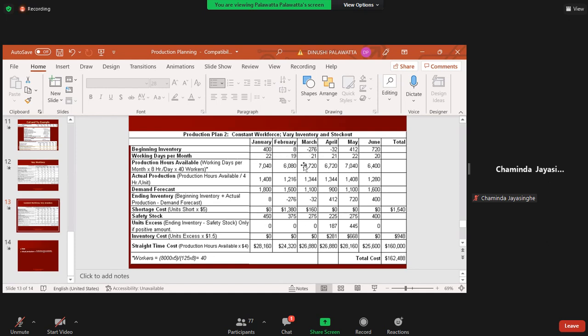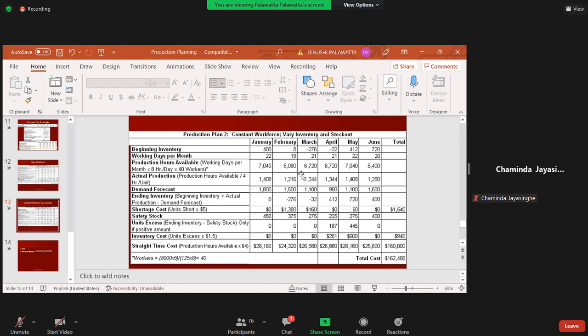Production hours available in March is 21 multiplied by 8 multiplied by 40. You get 6,720. Actual production is that divided by 5, 1,344. Demand forecast is 1,100.